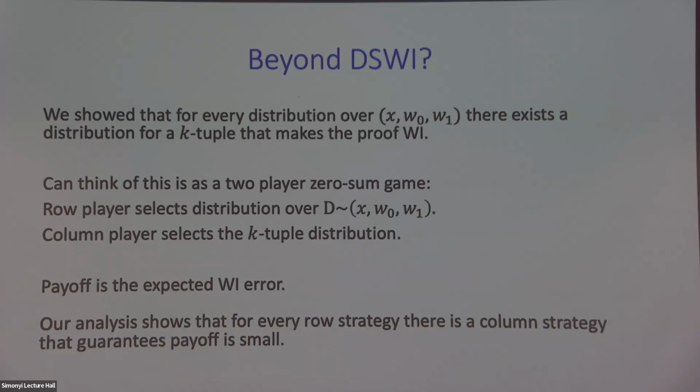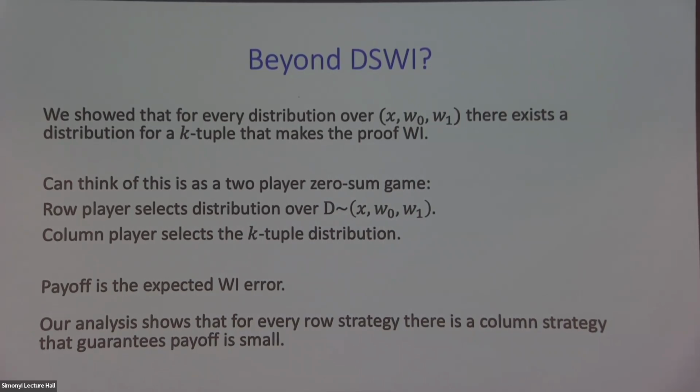A and B. And the payoff is the expected WI error. So the row player is trying to maximize this error, trying to choose a very bad distribution. But we just showed that the column player has a strategy that will guarantee some bound on the WI error. And the game is a zero-sum game.